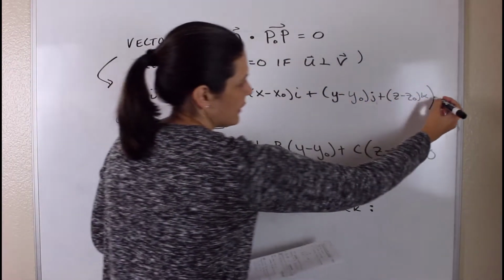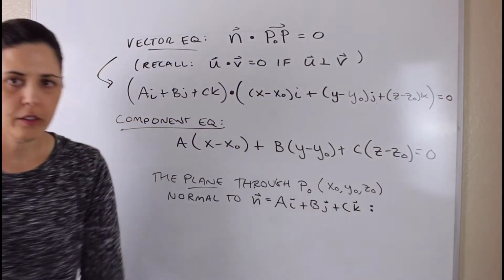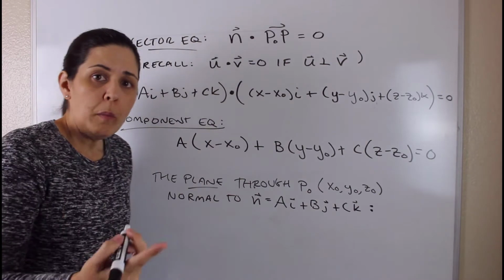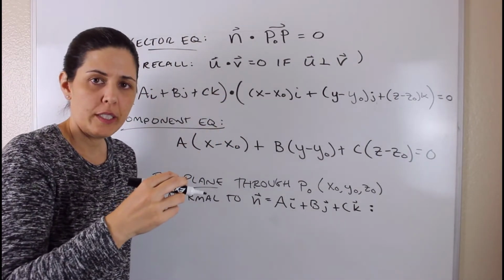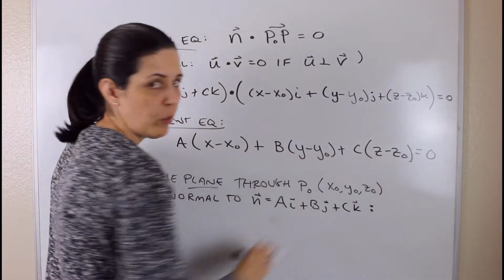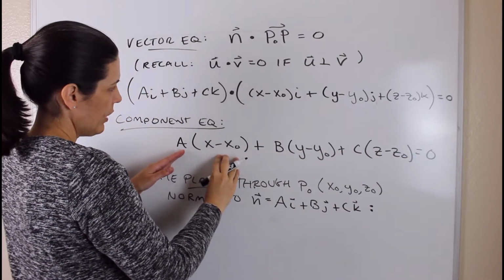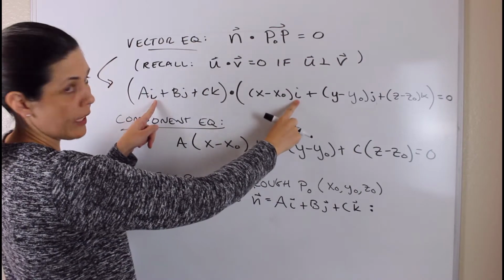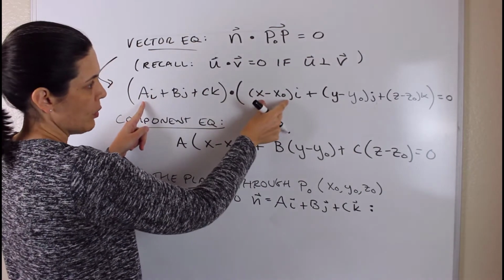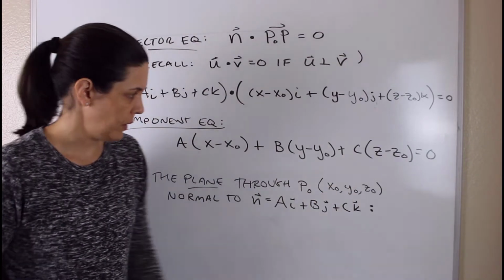Because there's technically still an equals 0 there. Remember, when you do dot product, it's always a number, okay? So notice I don't have i, j, and k anywhere here because these are values. So when I dotted this times this, we didn't count the i, we just said a times this quantity. So that's from the dot product.